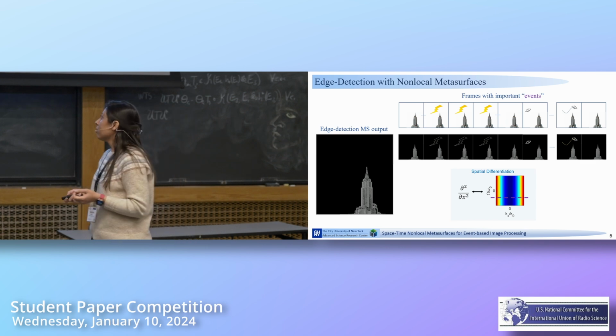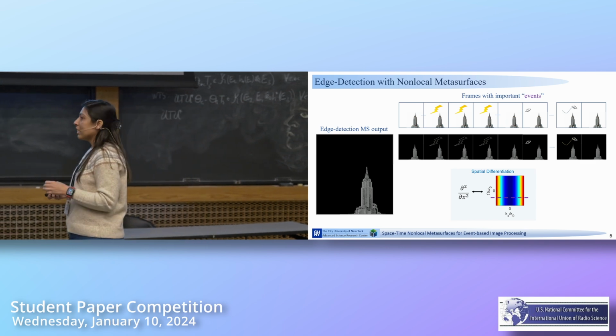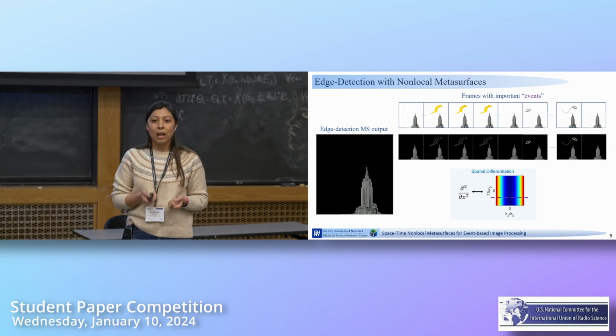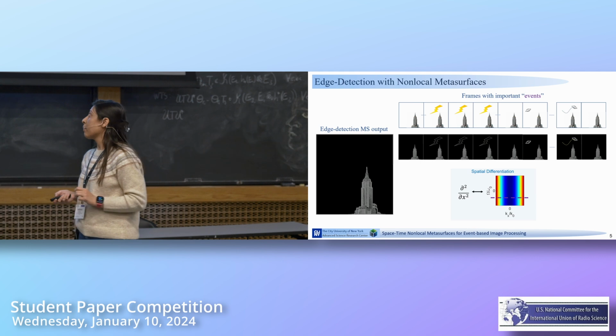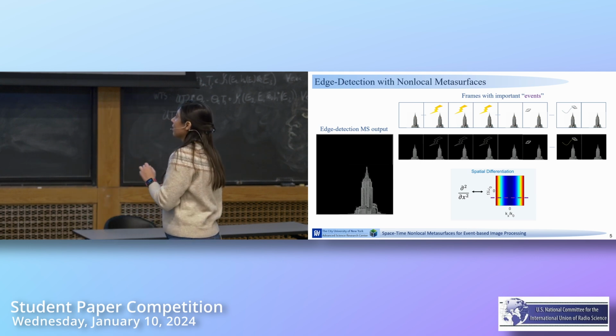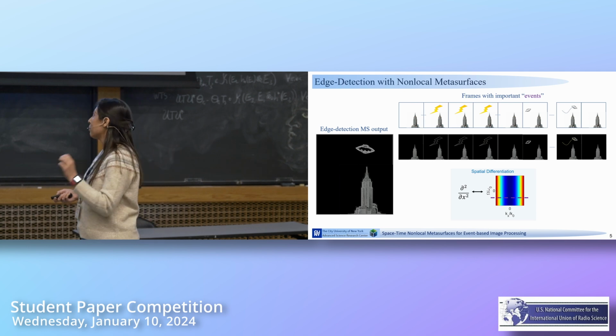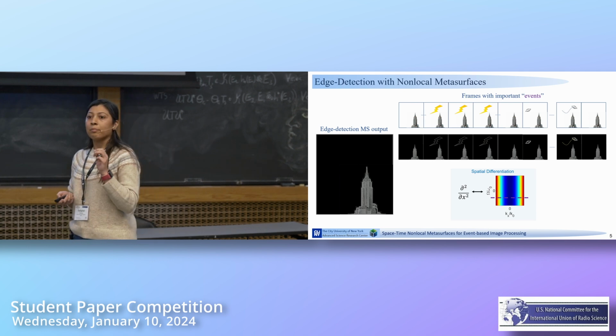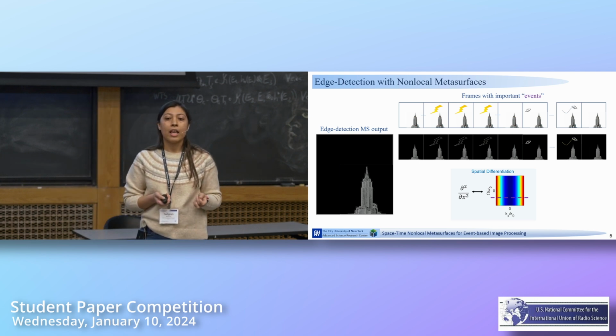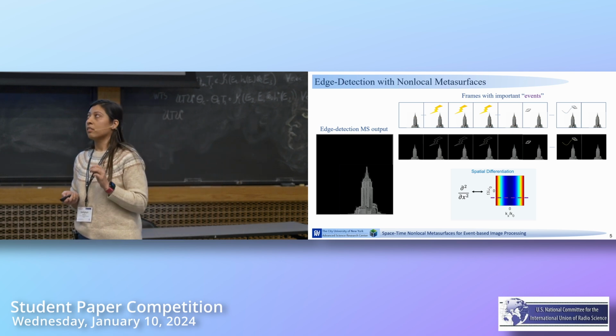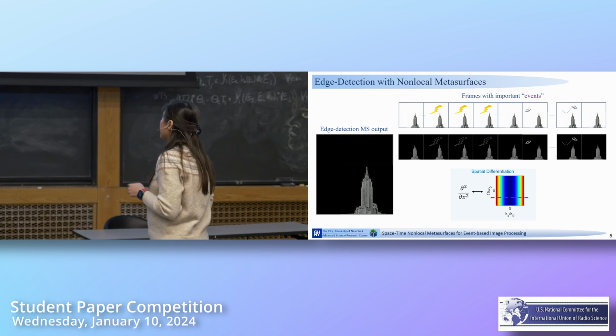Now, let's go back to our movie and see what happens if we apply an edge detection metasurface to our imaging system. So you can see we lose nothing. And with much cleaner images, we can improve the resolution in time and space, and we can reduce the energy consumption and memory requirements.